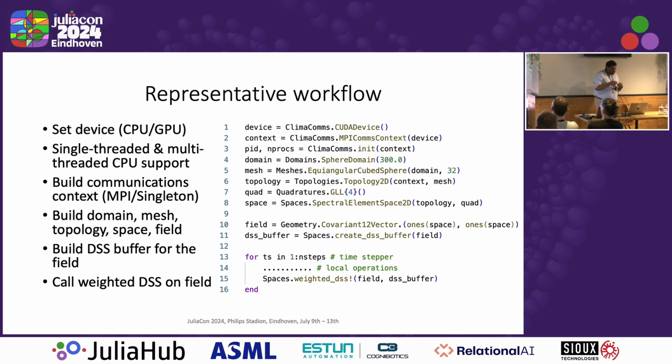Then we go through the usual process of building the domain, the mesh, topology, space, and then the fields. Then we build the DSS buffer, and then in the time loop, we can just evaluate a DSS at each time step. At each time step, first we do all the local operations and then apply DSS, and this happens every time step, and sometimes every stage of the time step.